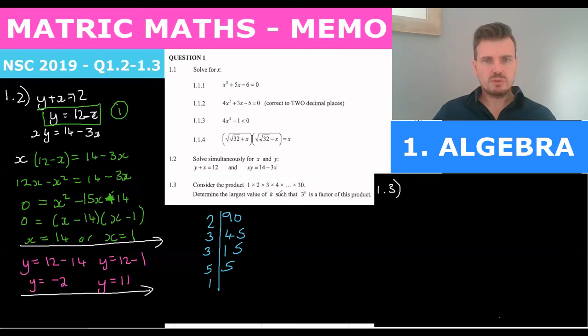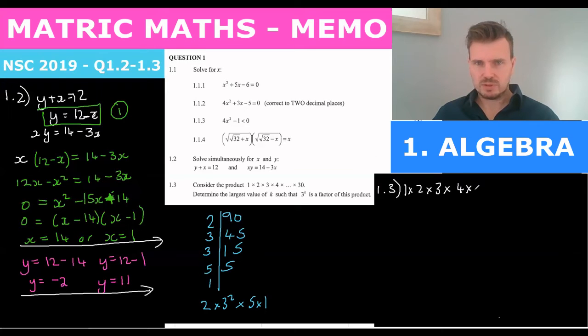So if we were to break 90 up into factors, we would have 2 times 3 squared times 5 times 1. So what this question is asking is, 1 times 2 times 3 times 4 times ... times 30, where k is a value such as 3 to the k.